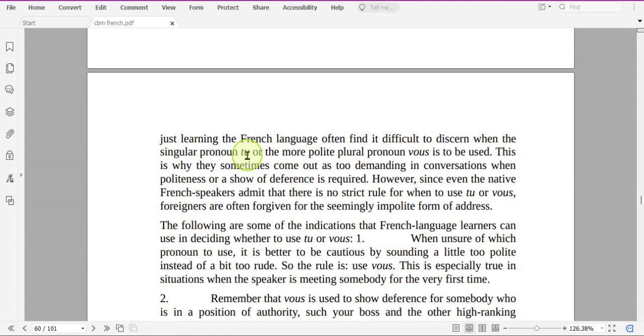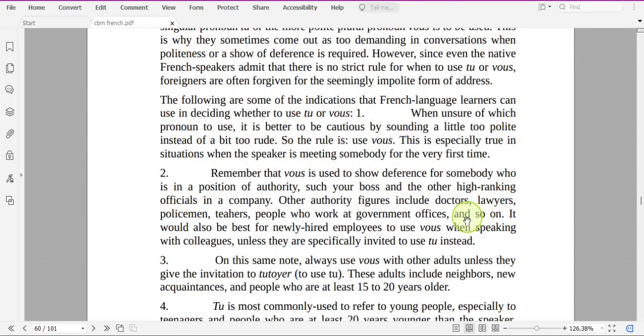However, since even the native French speakers admit that there is no strict rule for when to use tu or vous, foreigners are often forgiven for the similarly impolite form of address. The following are some of the indications the French language learners can use in deciding whether to use tu or vous.